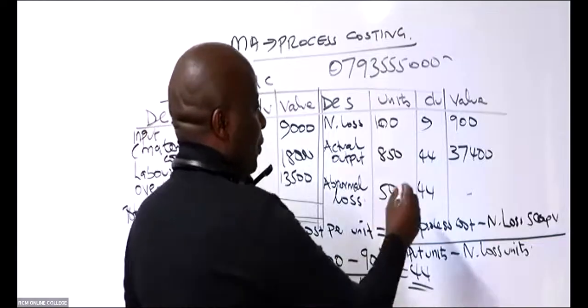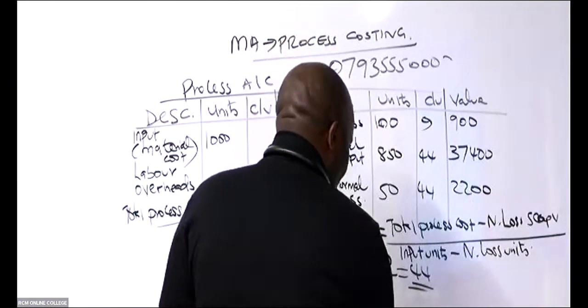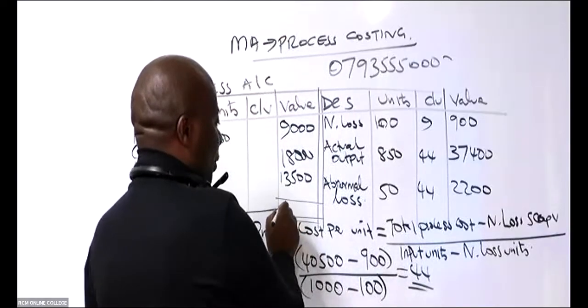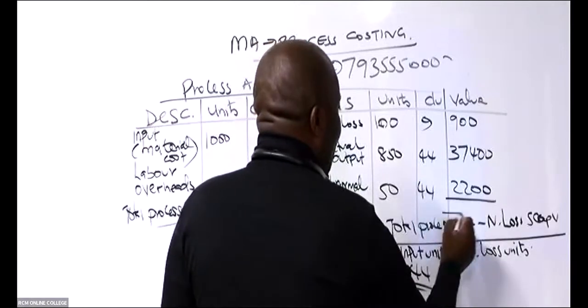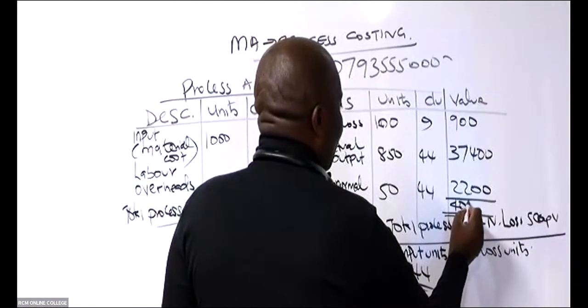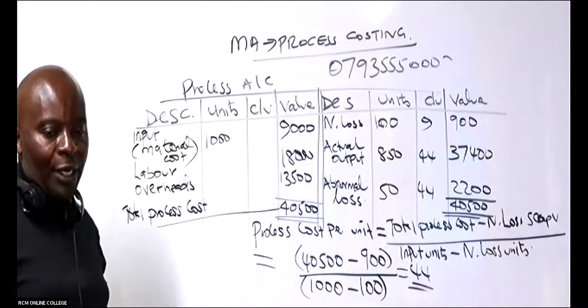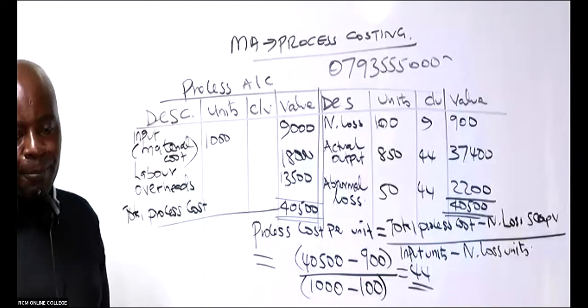So this gives me 2,200. And you can easily mark for yourselves because this account has to balance. You have told me that this is 4,500, so if you are correct, when you add this side, we should also be able to get 4,500.